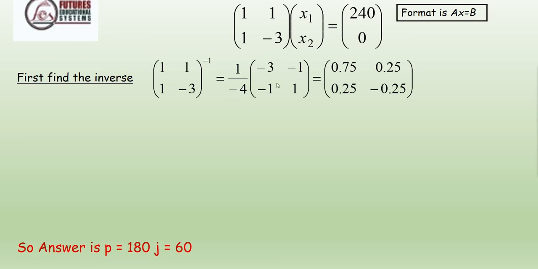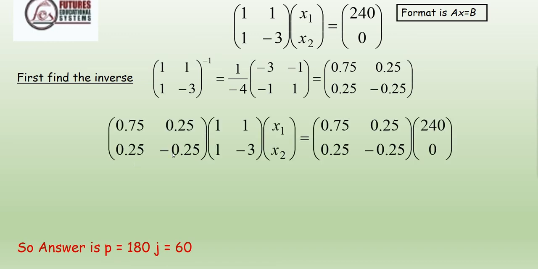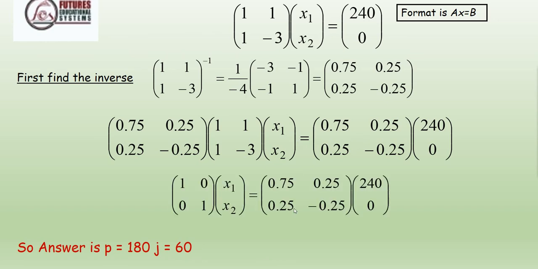Then 1 over the determinant, and between brackets we swap the places of 1 and negative 3, the main diagonal, and change the signs of 1 and negative 1, and we get the inverse. Multiply the inverse on both sides, and we get the result equals 180 and 60.